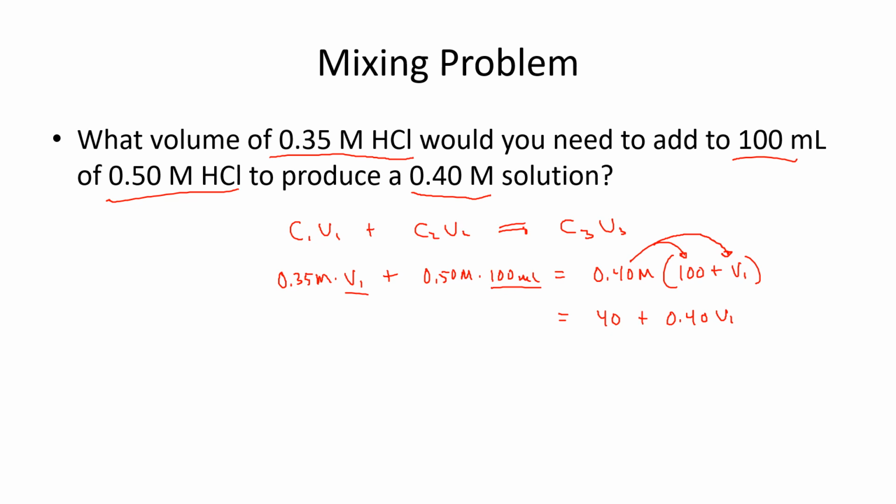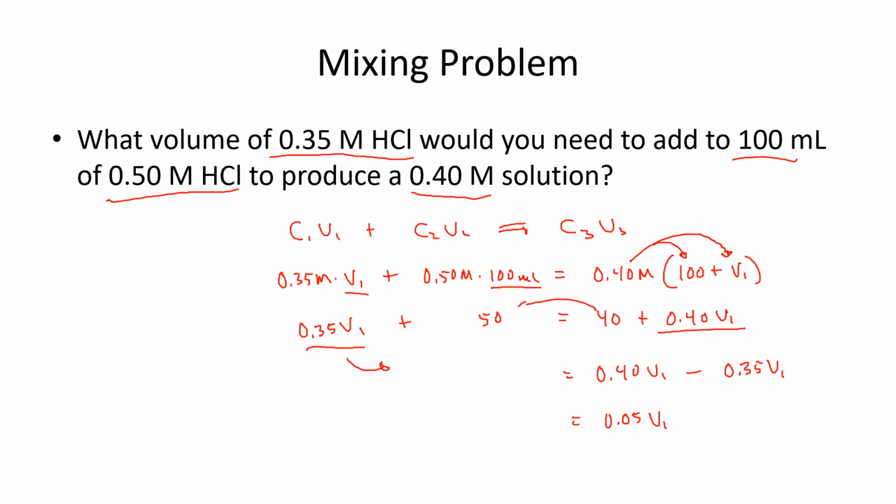And then over here, 0.5 times 100 is 50, and then here 0.35 V1. And so we can put these V1s together on the same side. We'll move this one over there. So it's 0.4 V1 minus 0.35 V1. And that's going to equal 0.05 V1.